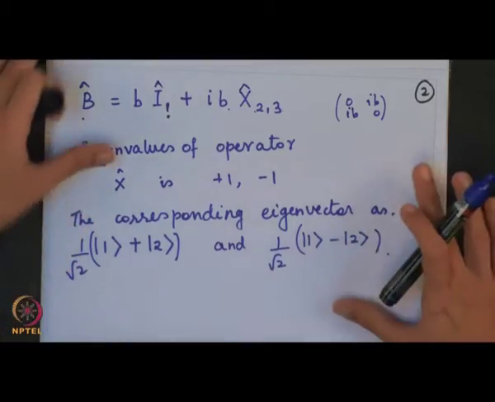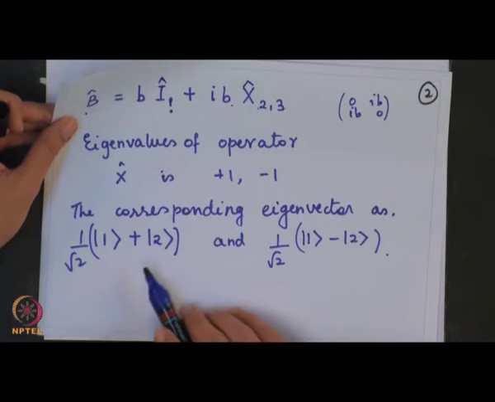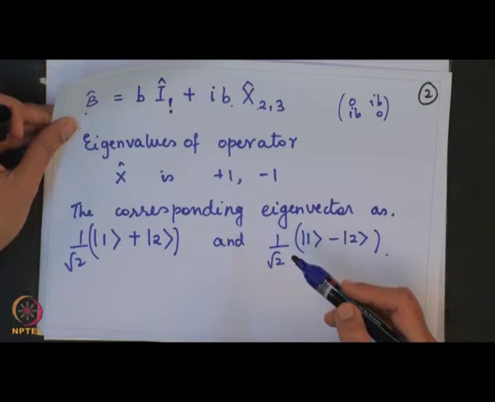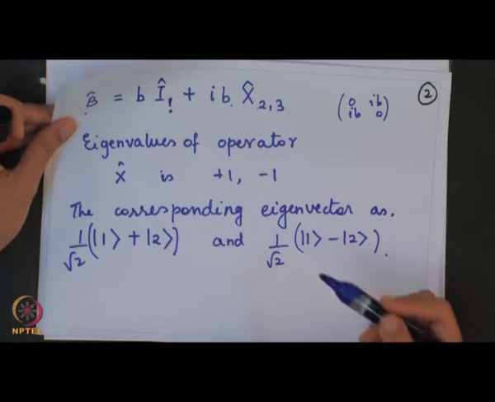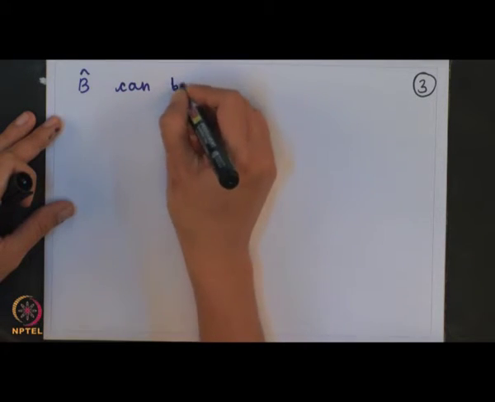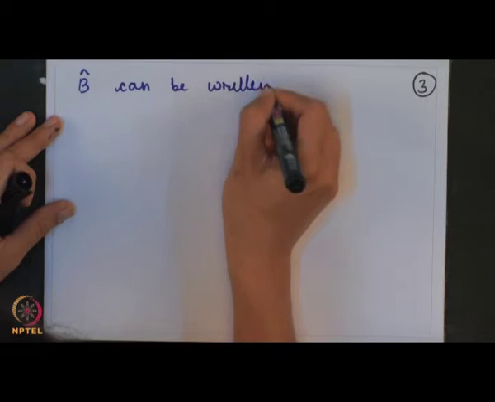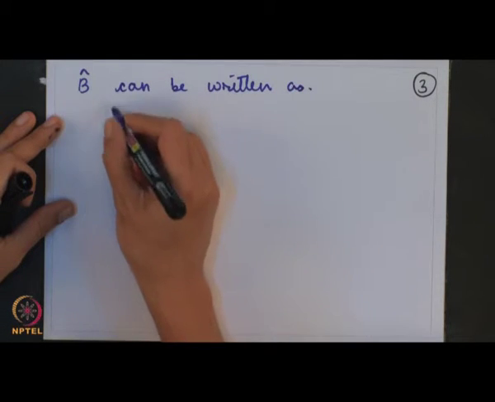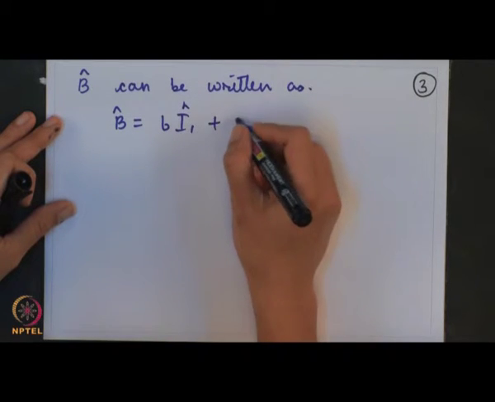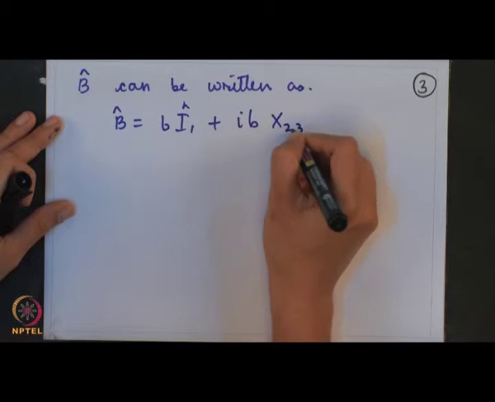Using this information, can we calculate the eigenvalues and eigenvectors of B? What we have here is that operator B can be written as B I1 plus iB x23.